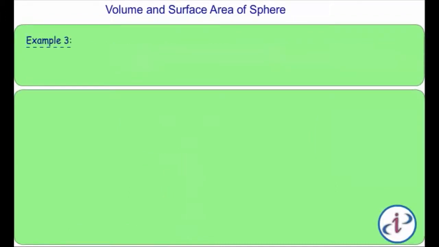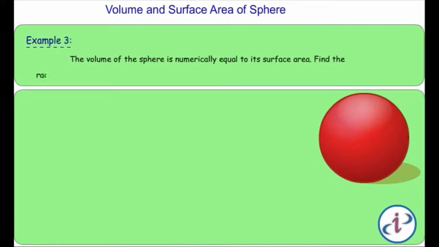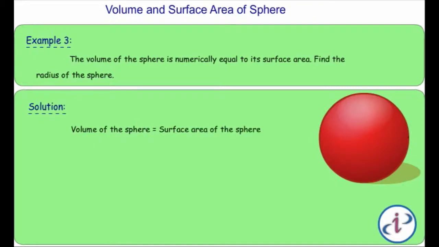Example 3. The volume of the sphere is numerically equal to its surface area. Find the radius of the sphere. Solution. Here, the volume and the surface area of the sphere are equal. We know the formula of surface area and volume of the sphere.